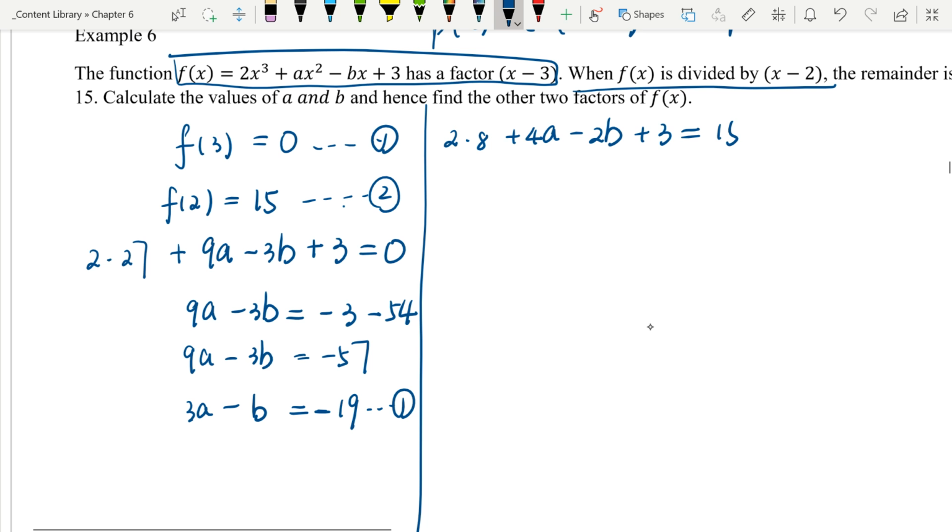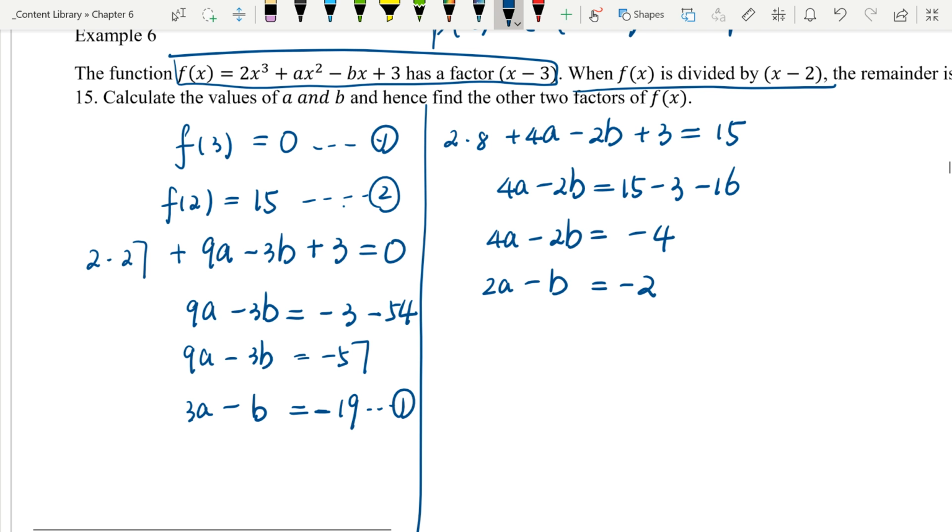But not equal to 0 in this case; it equals 15 because the remainder is 15. So 4a minus 2b equals 15 minus 3 minus 16. 4a minus 2b is minus 4. Then 2a minus b equals minus 2. And that's the second equation.